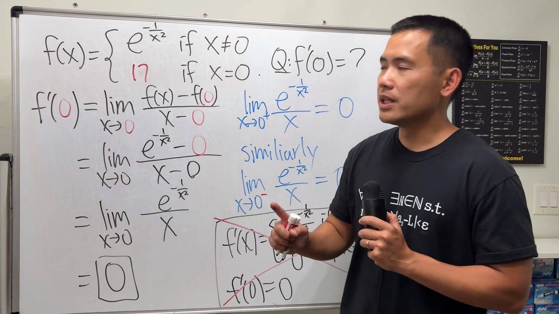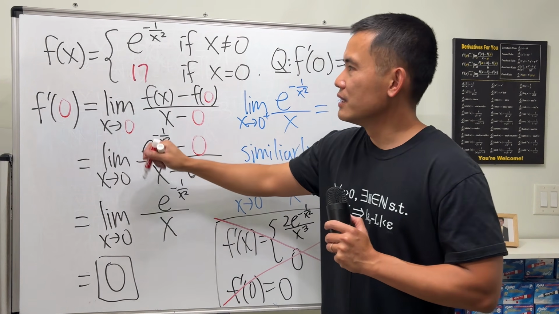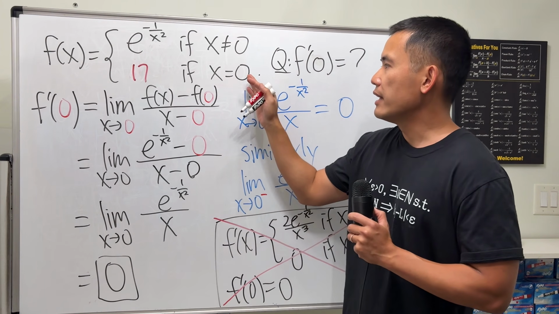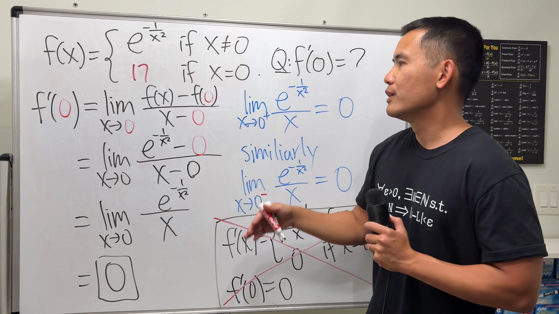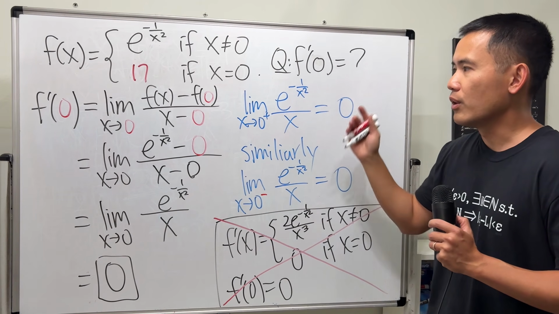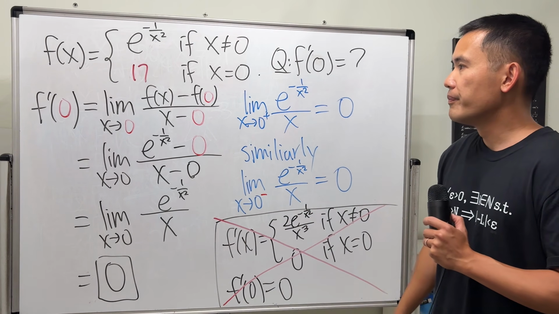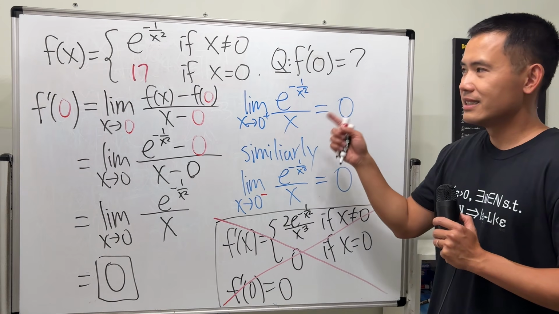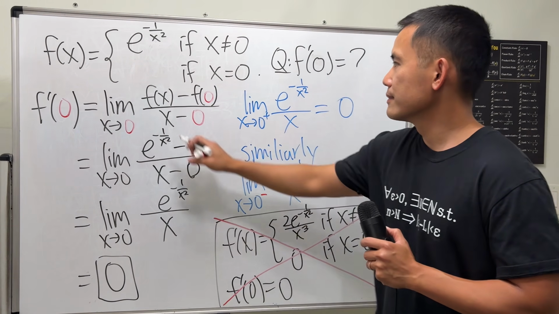The reason is because if you change this to 17, the truth is this function here is no longer continuous at x equals 0. If the function is not continuous, you are not going to have a derivative at all. So the derivative would have been DNE, does not exist. So be really careful. Yeah, that's it. And let me just change back the 17 to 0.